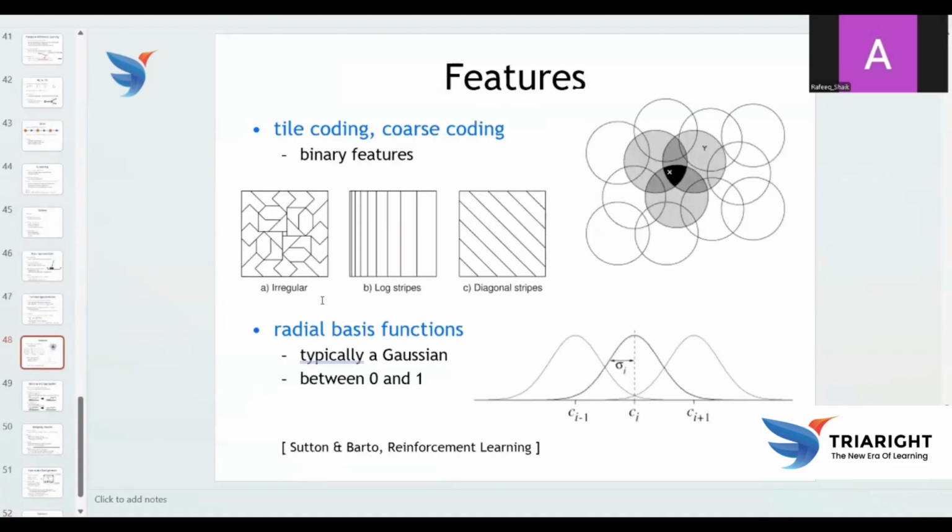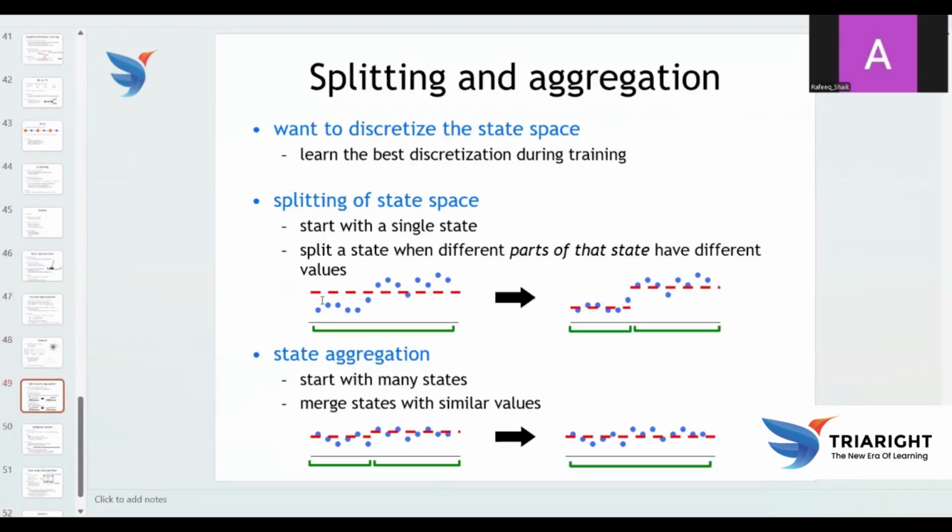Here, the features, splitting, and aggregation: splitting the state space, and state aggregation. You start with a single state and split it into different parts, with different values. State aggregation is when you start with many points and merge those with similar values.